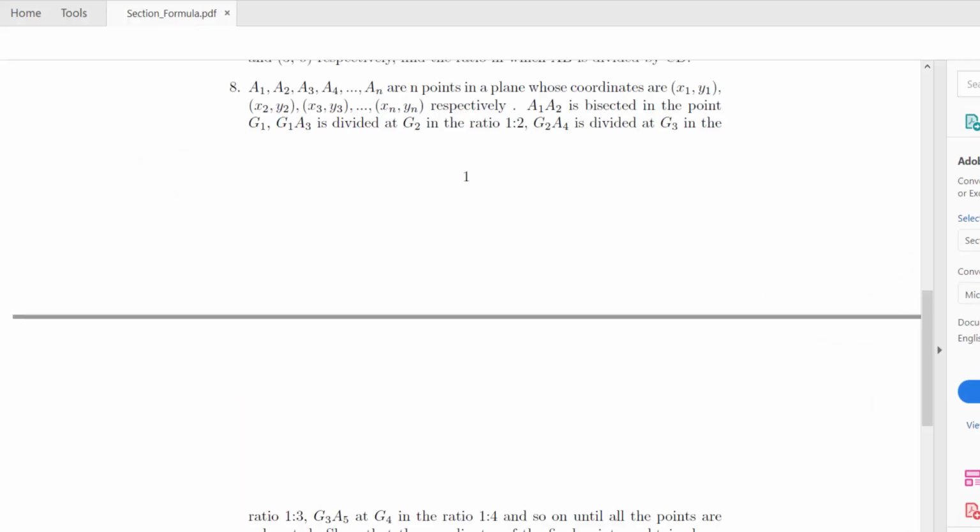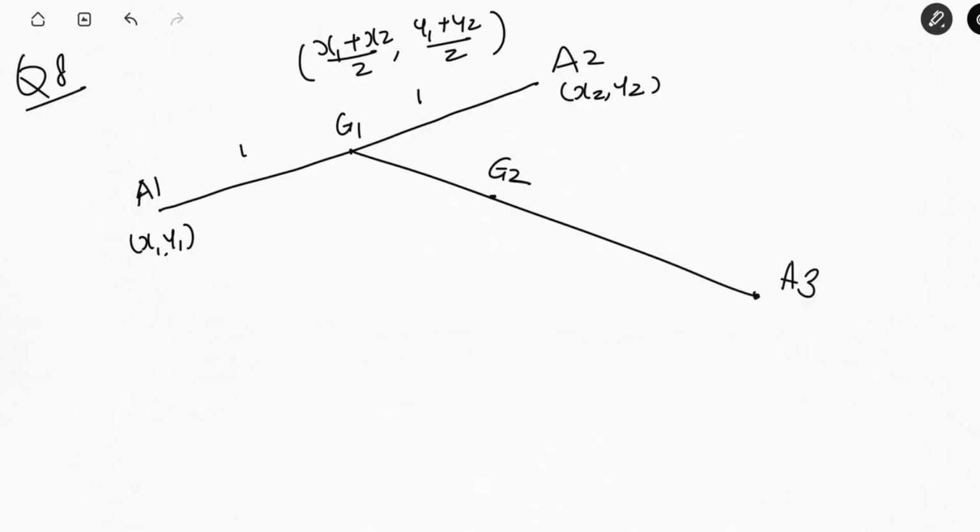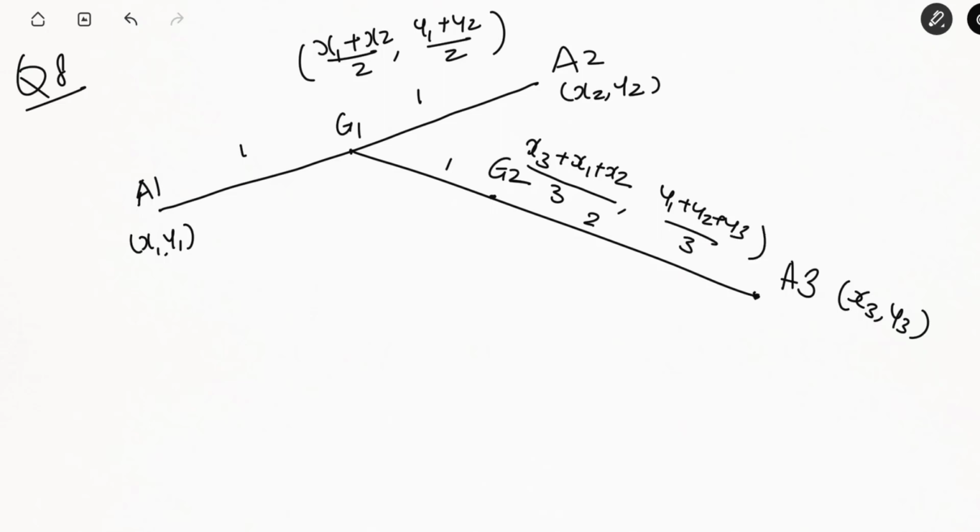When this ratio is 1:2, this is x3, y3. So x3 plus 2 times of this will be x3 plus x1 plus x2, right? 2 into 2 cancel, over 3, and similarly y1 plus y2 plus y3 over 3, right? 2 plus 1, 3.